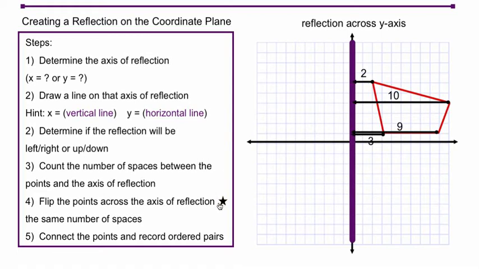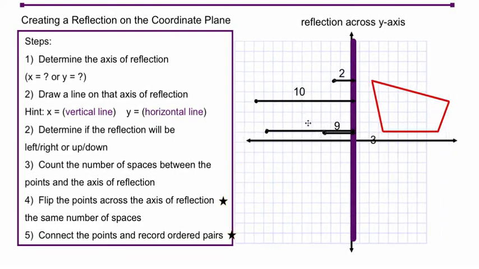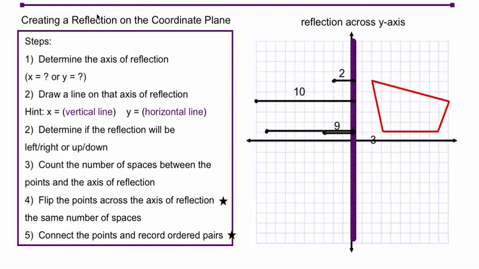Now we're going to flip the points across the axis of reflection the same number of spaces. Remember, this one right here was 2. This one right here was 10. This one right here was 9. And this one right here was 3.